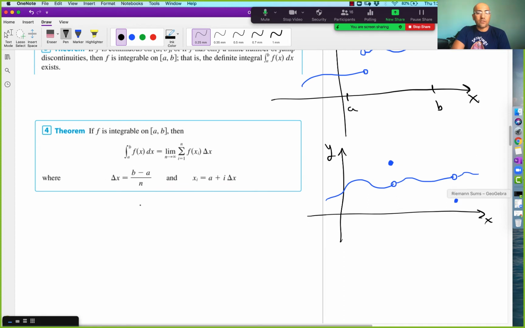So this is just a restatement of the same thing, except we're allowing the values for this to be equal to the left endpoints, I believe.